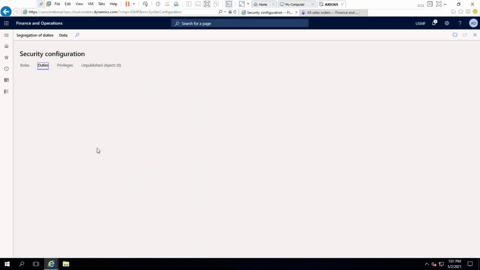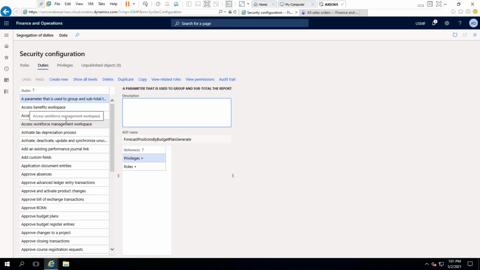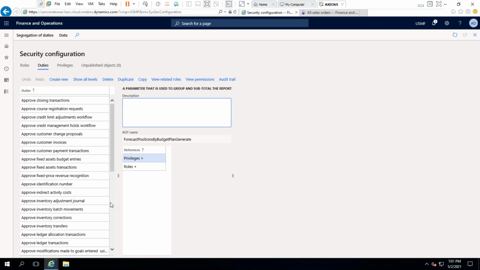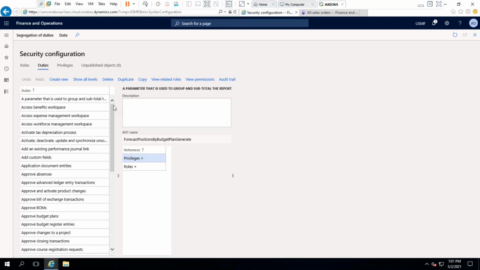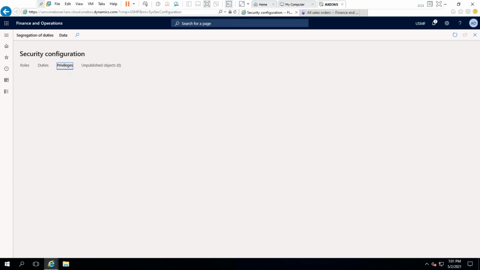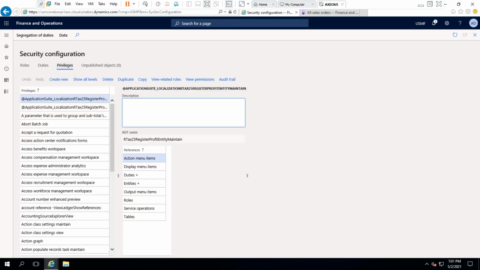This will be technical words, of course. It's loading now. So these are the duties. The accounts payable clerk has duties and privileges. Privileges are very piece-level information.